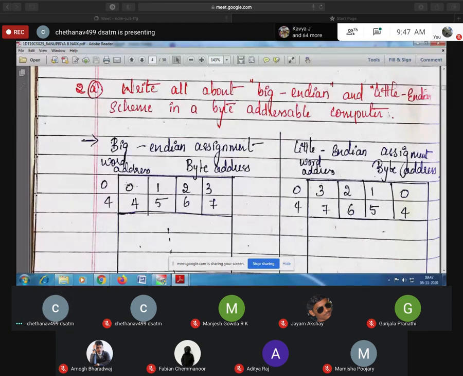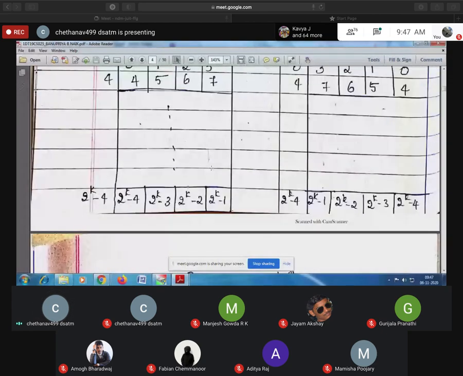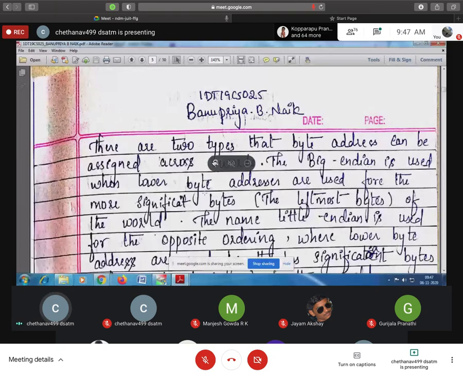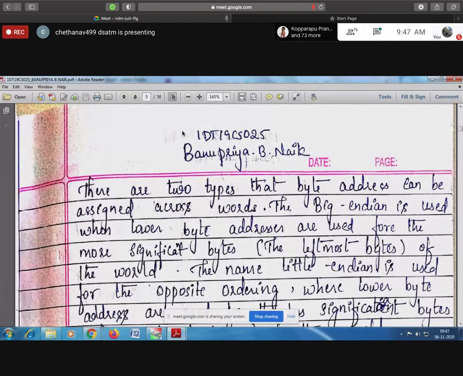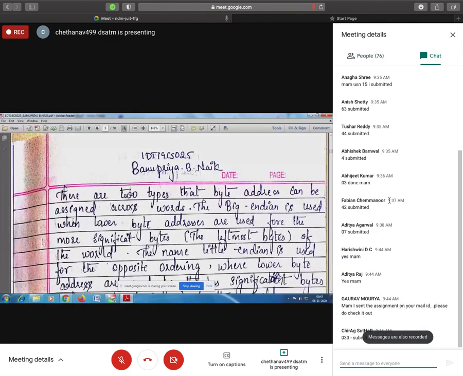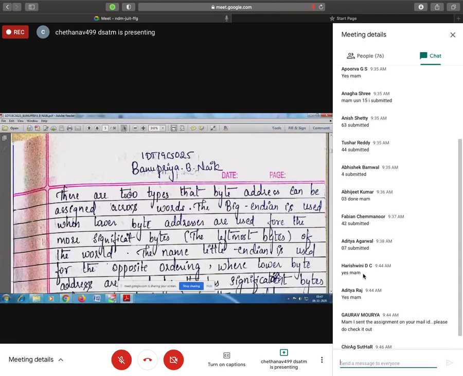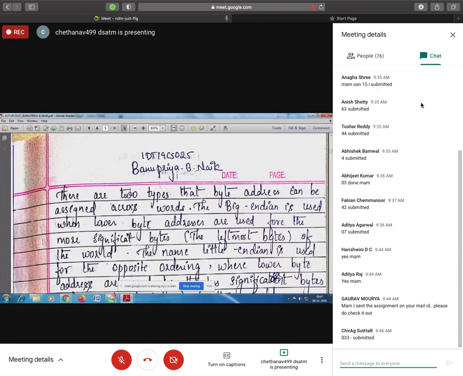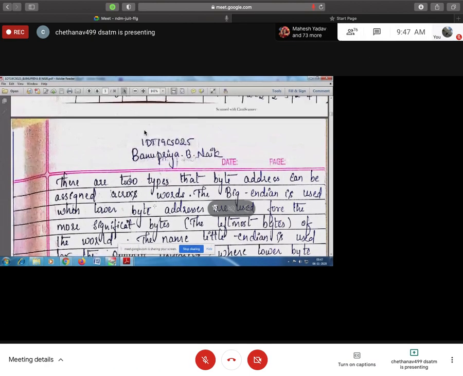You can see here a small explanation. In Big Endian, the lower byte addresses are used for the most significant byte. So the most significant byte's data will be copied in the lower byte address. Lower byte addresses means this one.